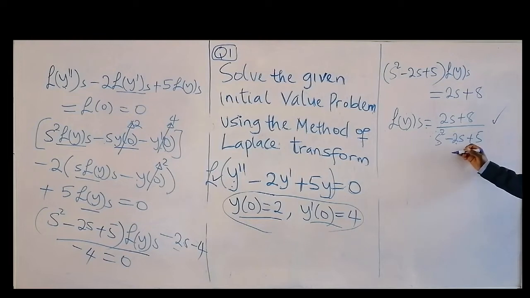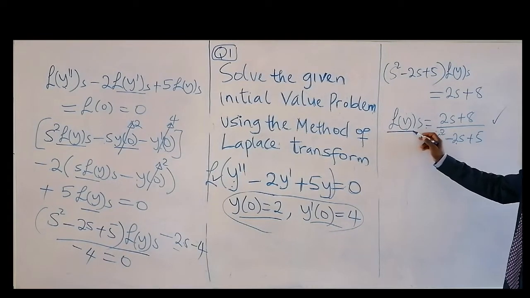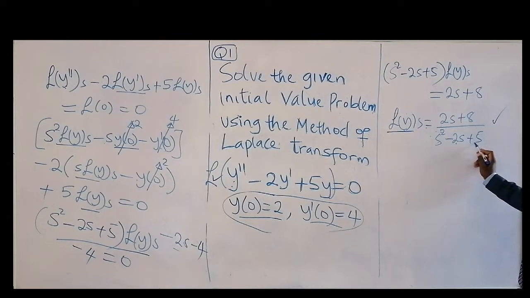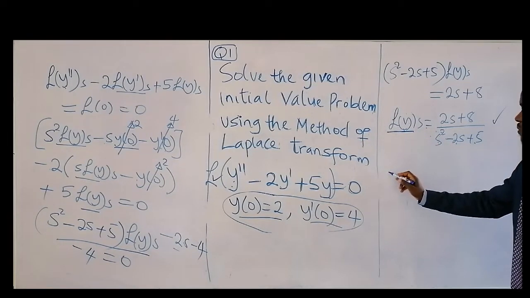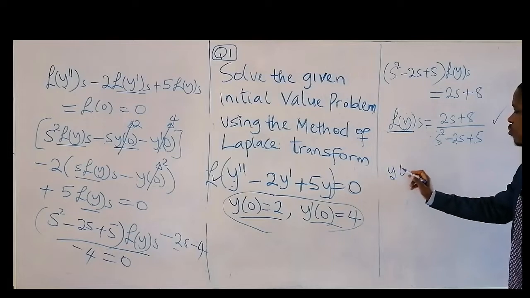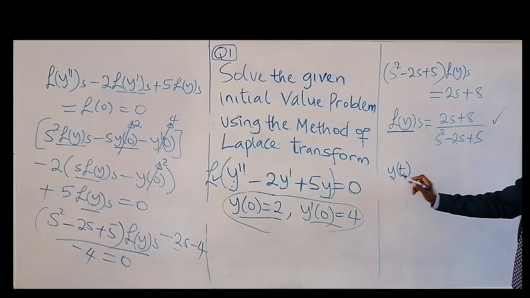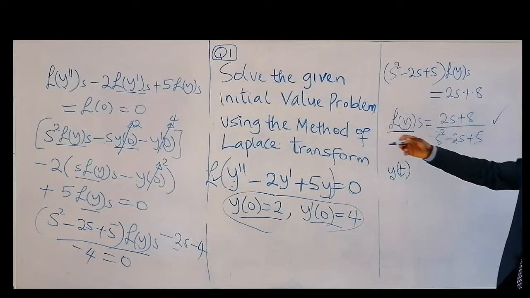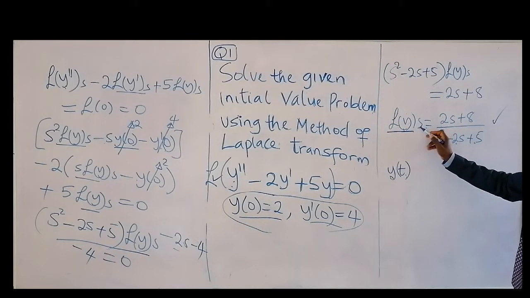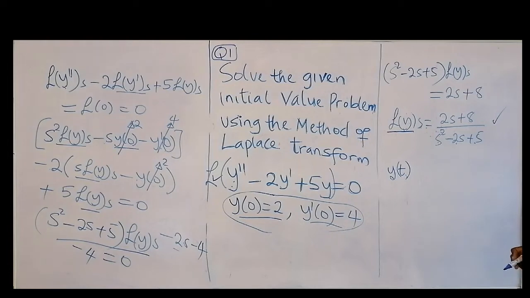From here we can take the inverse Laplace of both sides. The moment you take the inverse Laplace of this, you have the function y as a function of t. When you take the inverse Laplace, you are converting from the s domain to the time domain, equal to the inverse Laplace of this expression.